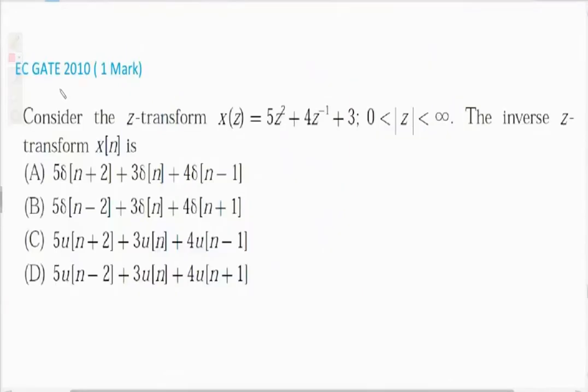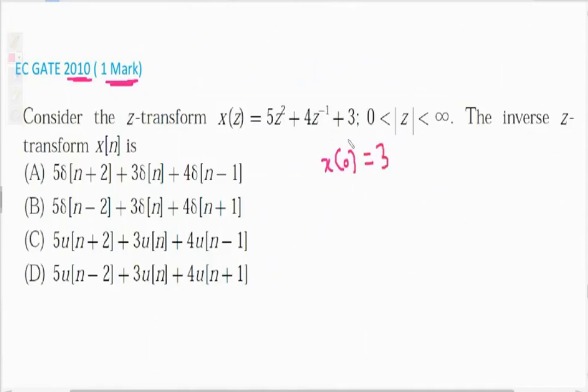Okay. Now let's look at this GATE exam question from the year 2010 for 1 mark. Consider Z transform X of z equal to 5z square plus 4z inverse plus 3. The inverse Z transform x of n is. From X of z, can you write x of n? Constant means x of 0. x of 0 is 3. Then 4z inverse.